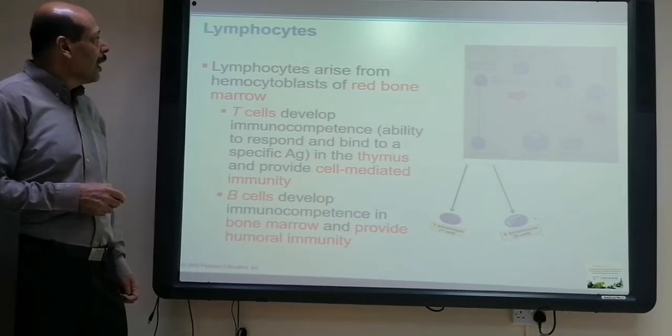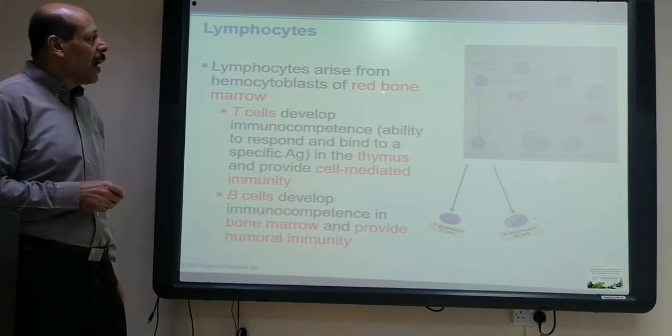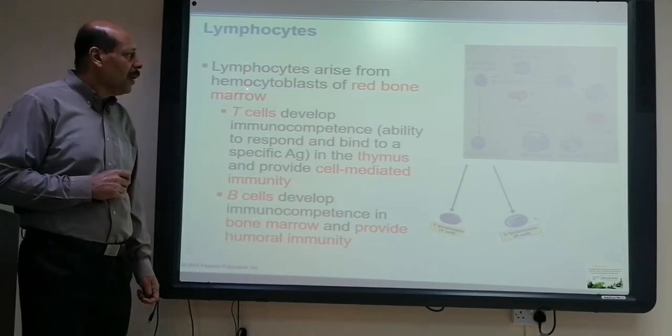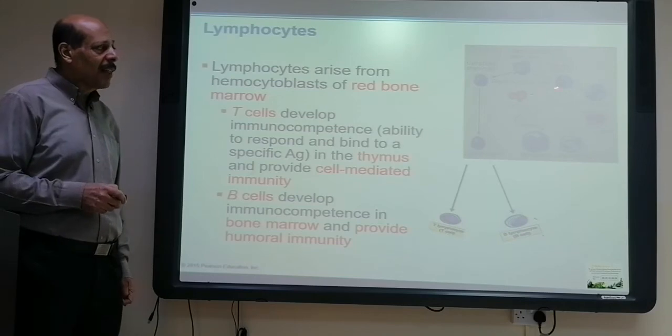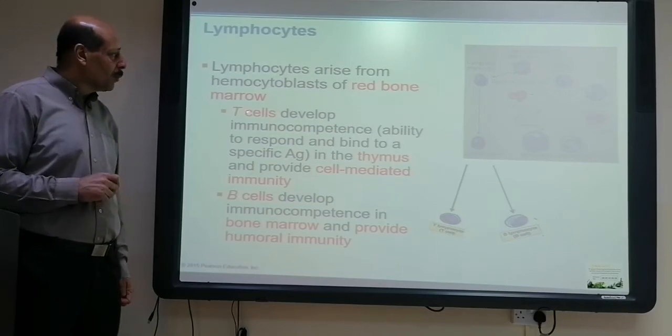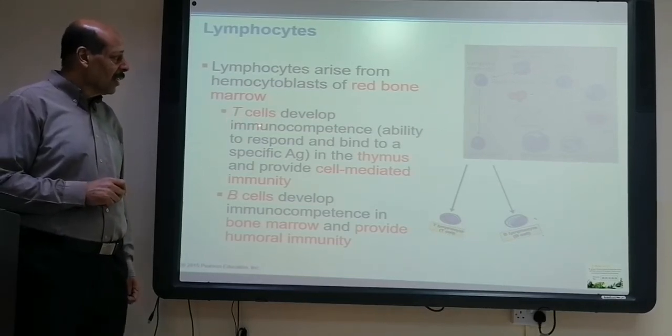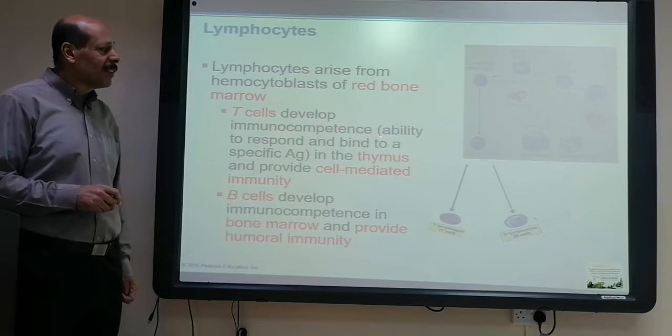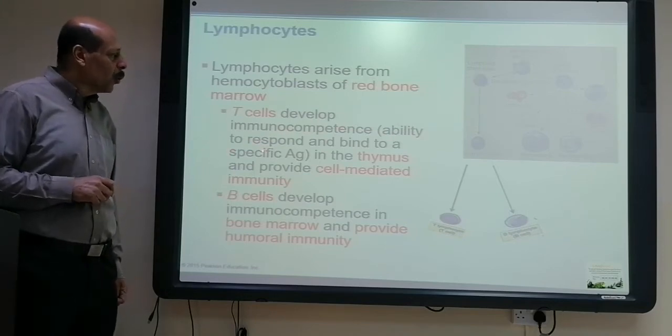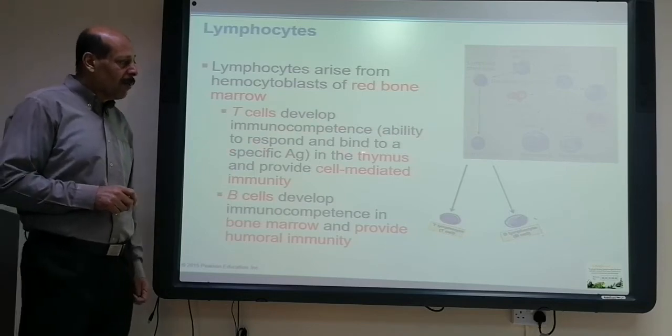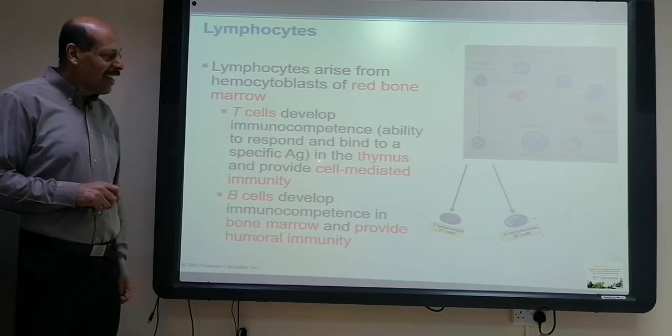The lymphocytes arise from the hemocytoblast in the red bone marrow. The T cell develops its immunocompetence, the ability to bind to a specific antigen, in the thymus gland.